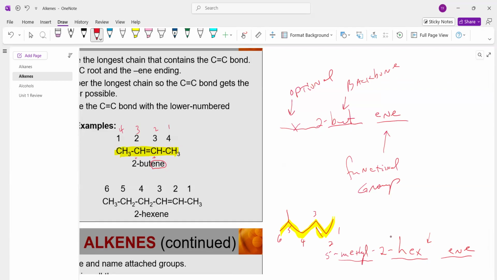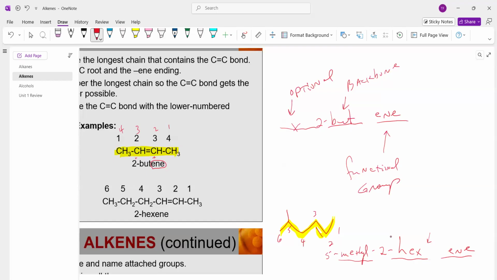Now, you don't restart naming with the branches. The functional group determines the order, not the branching. Now, when we're talking about alkanes, because there is no functional group with alkanes, we have to look at different numbering to see which gives us the lowest number. That all ends when we get away from alkanes, however.